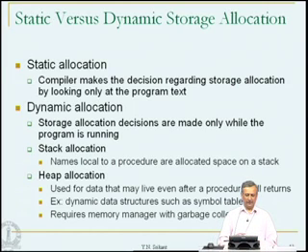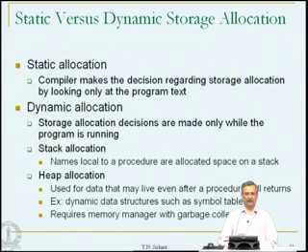There are two types of allocations possible for memory. One is the static allocation, the other is dynamic allocation. So, during static allocation, the compiler makes the decision regarding storage allocation by looking only at the program text.